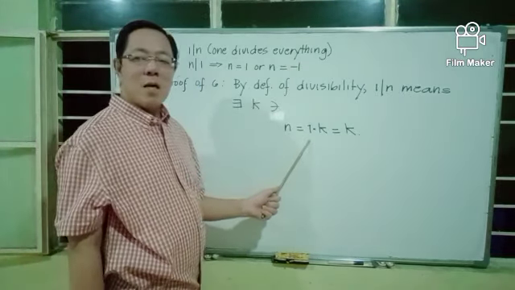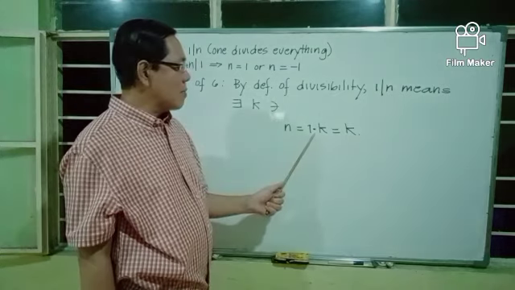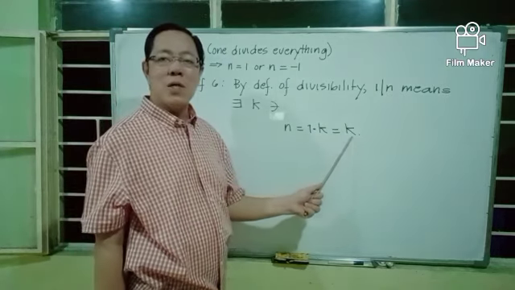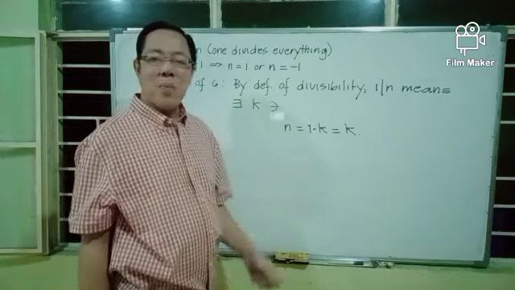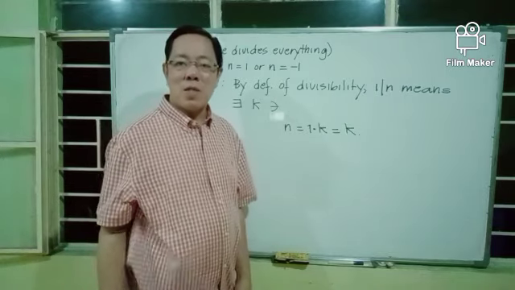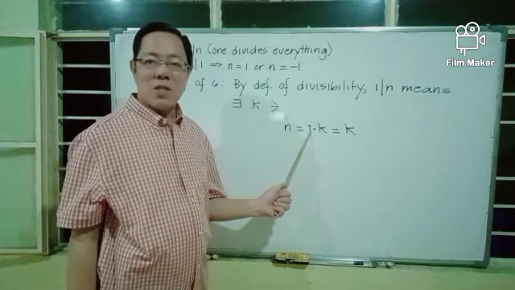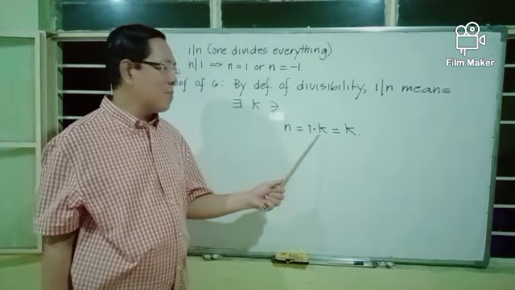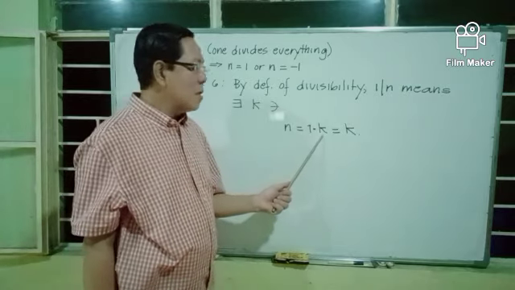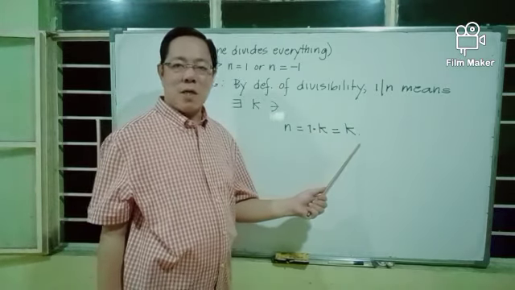N equals 1 times the integer k, but 1 times the integer k is equal to k, and that's by property of the identity element for multiplication, which is 1. If you multiply 1 by any integer k, the answer is the integer k.